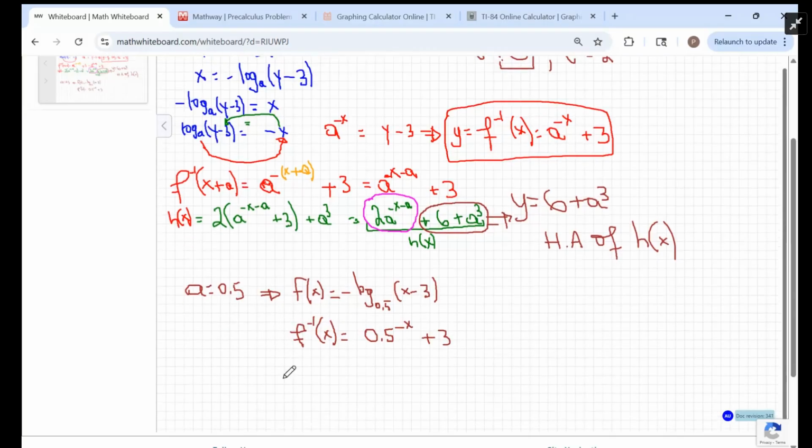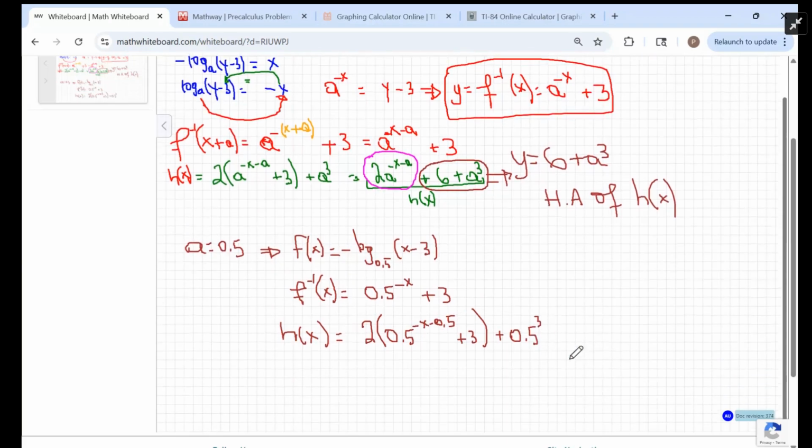Then h of x should be 2 times 0.5 to the power of negative x minus 0.5, and then plus 3, and then plus a cubed, so 0.5 cubed, which should be 0.125.